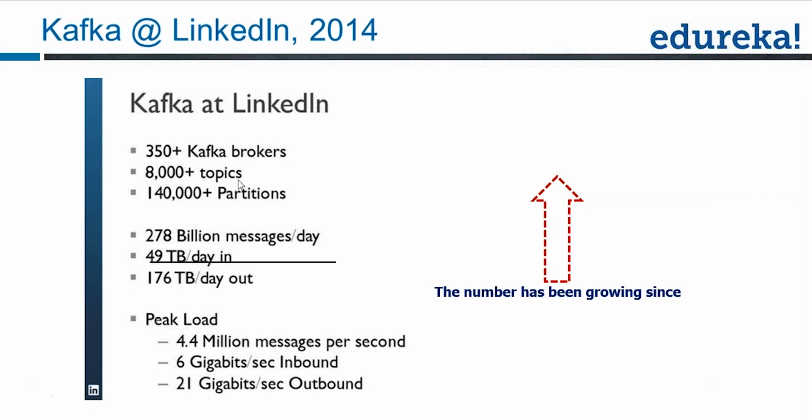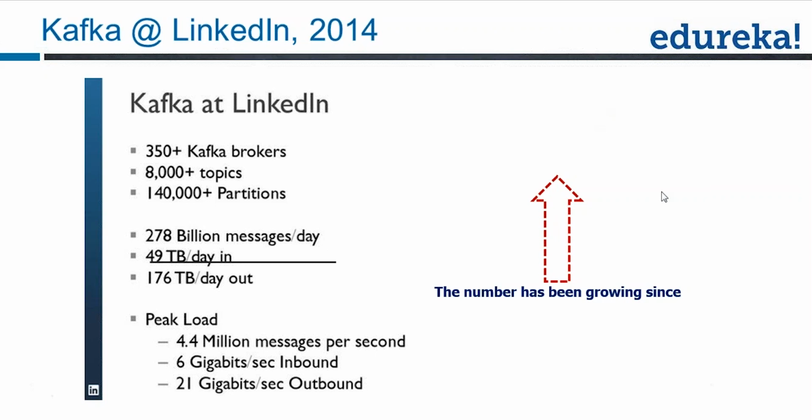Next, 8,000 topics. Topics are the names under which you categorize your messages. Say these are my metrics messages, so you create a name, a directory, where you will store all the messages regarding your metrics. Where does my producer sit?